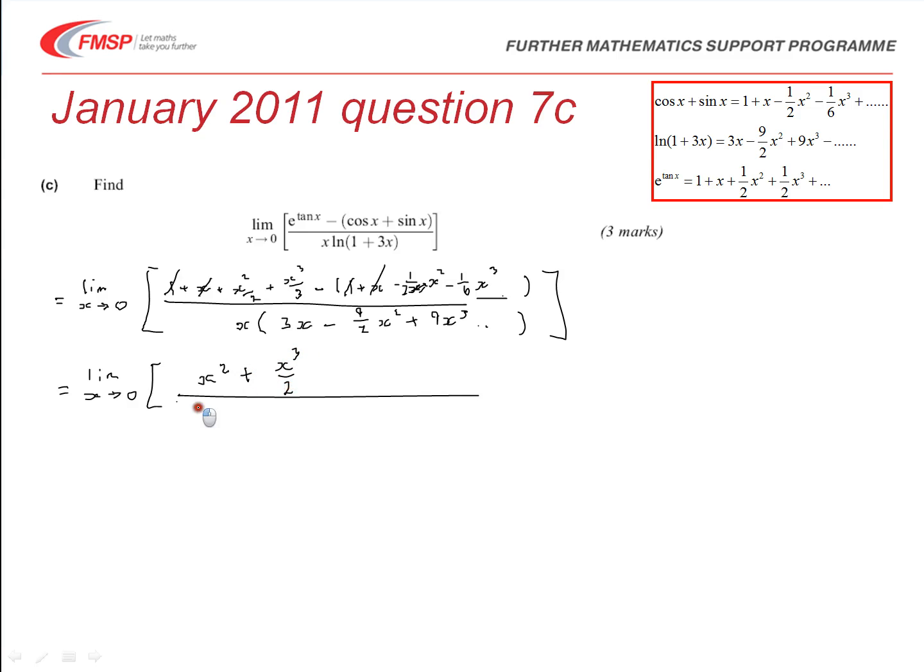And on the bottom we've got 3 lots of x squared minus 9 over 2 x cubed. And we're really not going to be worried about those next terms because they're going to be higher powers of x.